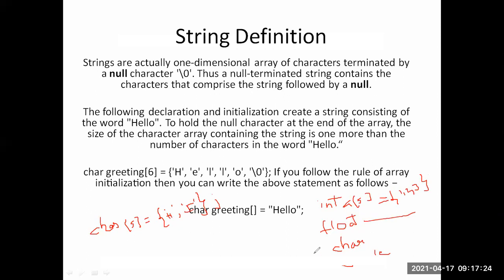So why are we using strings? If we use a character, it takes only one character at a time, and we represent it in single quotation. For example, if I want to write a full name as a variable name, then using characters I have to initialize each variable by denoting it with single quotation.